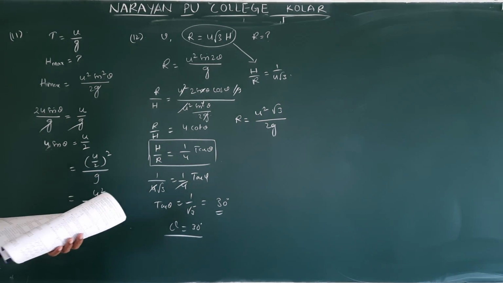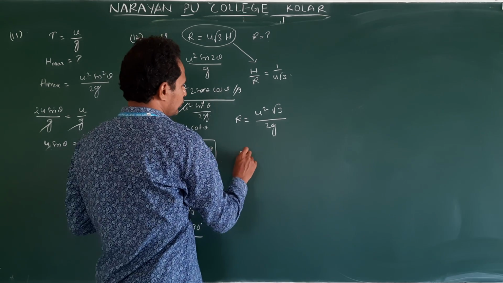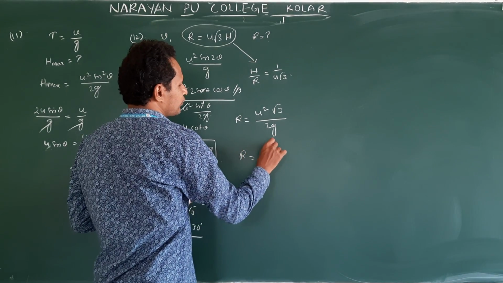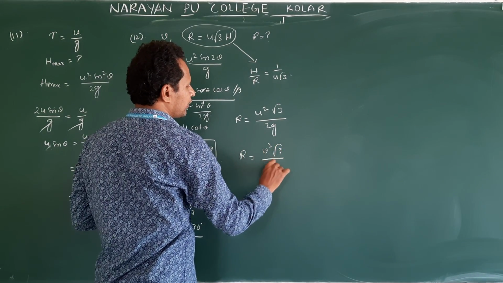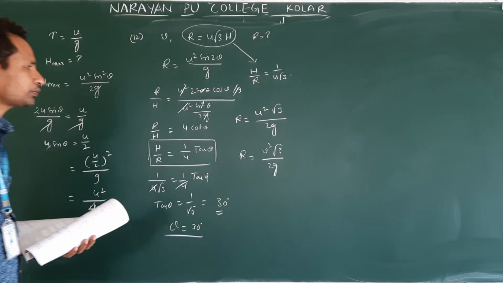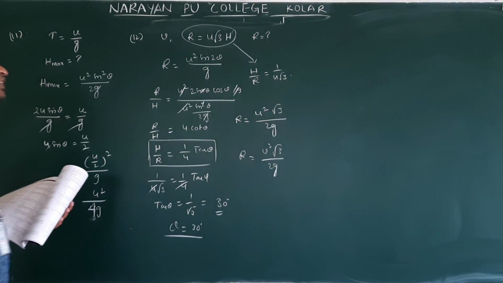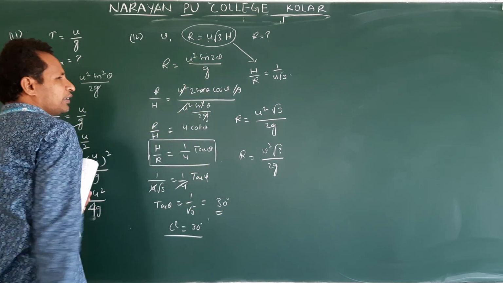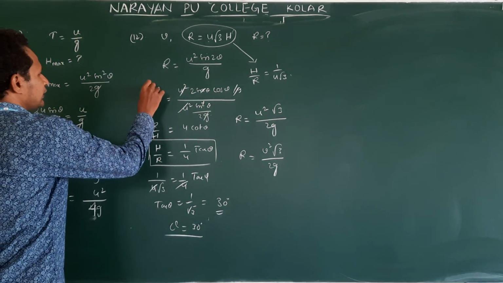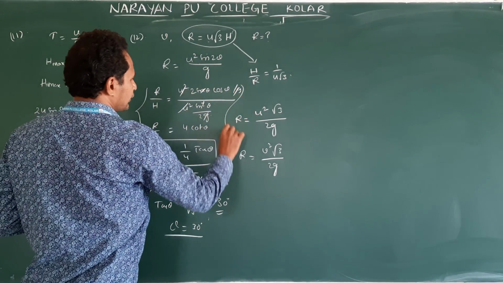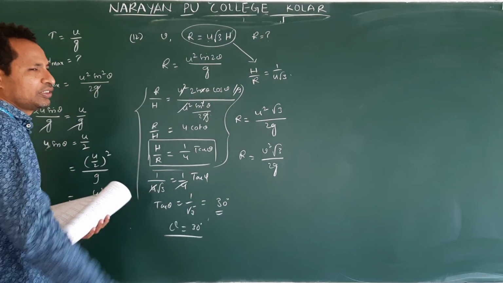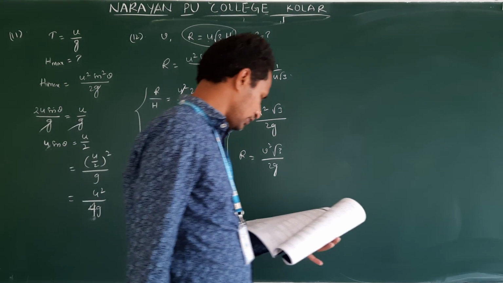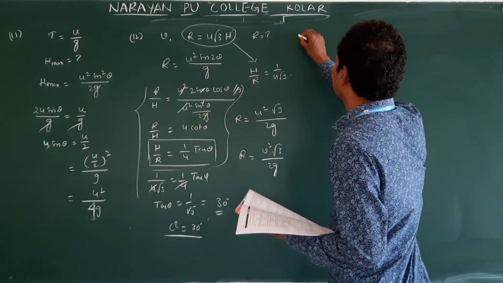Our projected velocity is v, so we can write the answer as v square root 3 by 2g. Understand? From this relation we got the angle, and that angle we substituted in the range formula. This was only to find the relation. If you know the formula, you can substitute directly. Clear? Next, 13th problem.